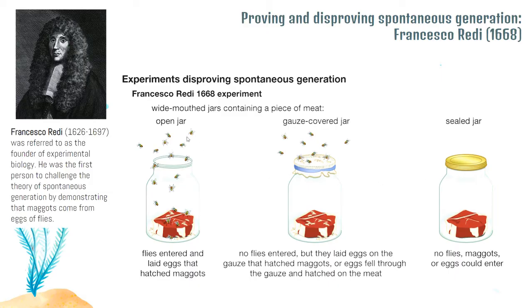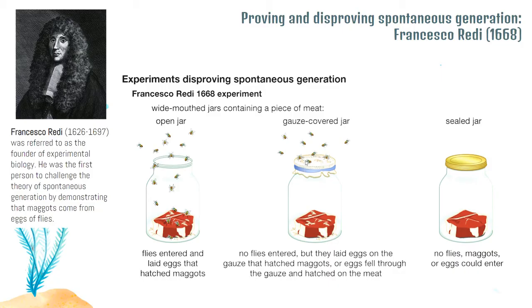The open jar with the meat inside eventually developed maggots because flies were able to enter the jar and lay eggs on the meat. Then eventually the eggs hatch, and those are the maggots. In the gauze-covered jar, no flies were able to enter the jar, but they were able to lay eggs on top of the gauze.